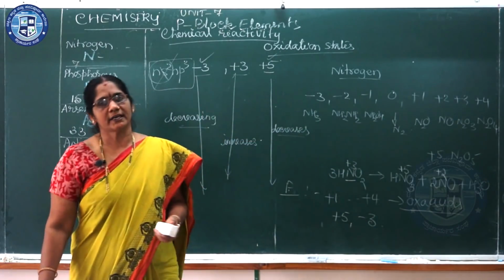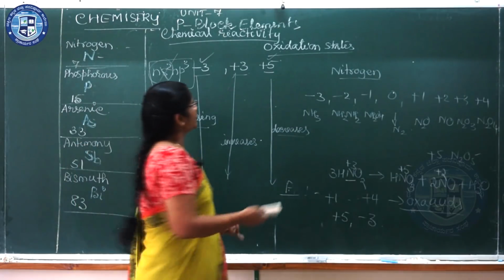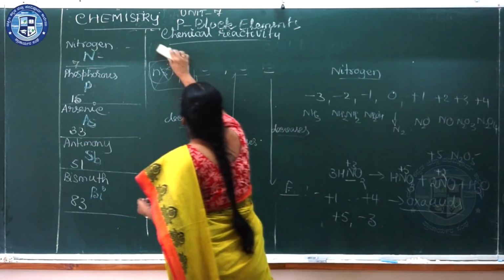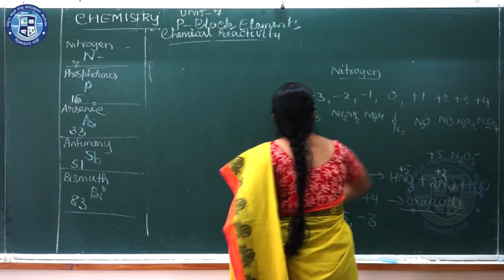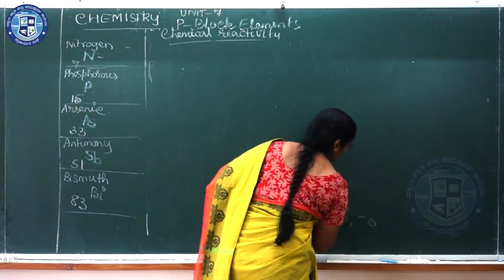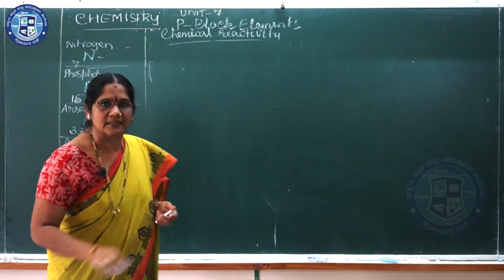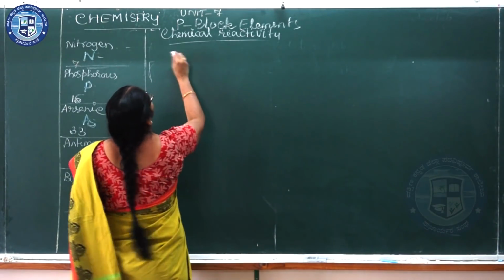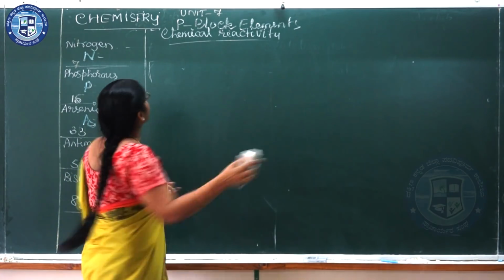So there also disproportionation occurs. So this is about oxidation states of group 15 elements. Next we will study the reaction with hydrogen.